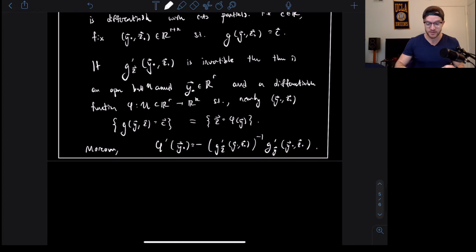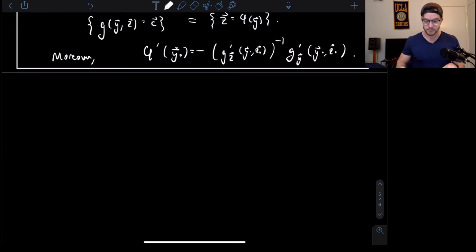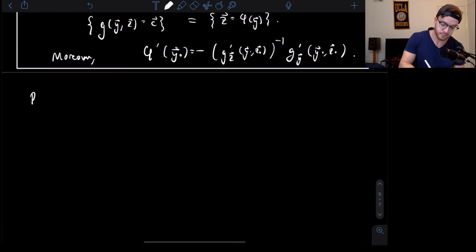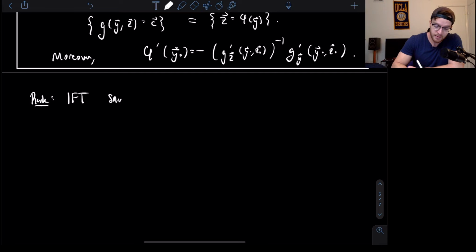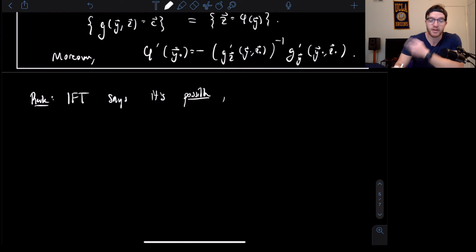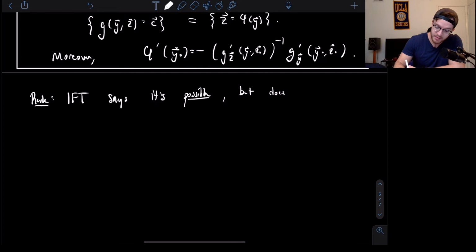So let me write this down as a remark. The implicit function theorem tells us it is possible, but it doesn't say how to actually find this function phi.